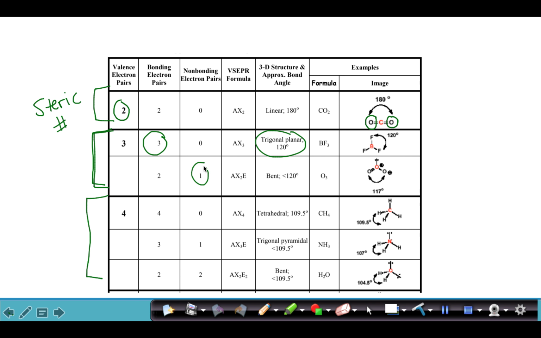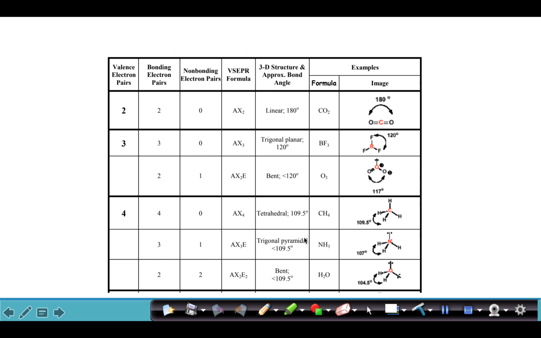If there's 1 lone pair, it's the second one. If there's 2 lone pairs, it's going to be the third one. Every lone pair drops you down 1 on the list here. Once you know your number of bonded atoms plus your number of lone pairs, you can associate that with the name of the shape and the approximate bond angle.